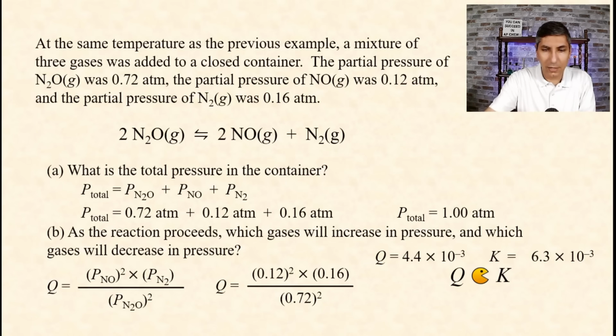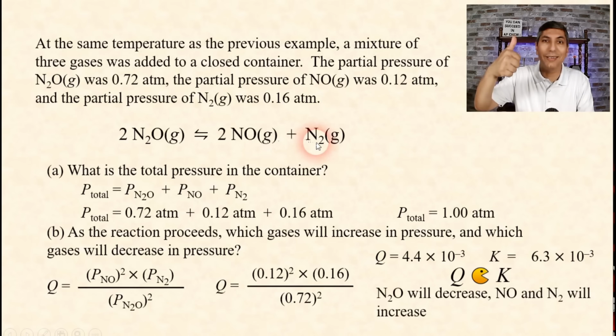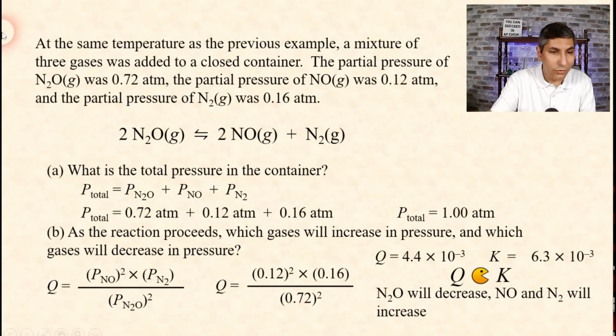So it looks like the Pac-Man is eating toward the right. And so it's eating toward the product side. And so since it's going toward the product side, that means that the products NO and N2 are going to increase in concentration, or in pressure in this case, and the N2O, the reactant, is going to decrease in pressure.